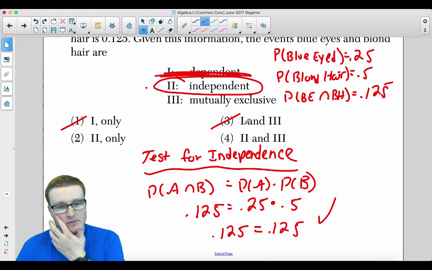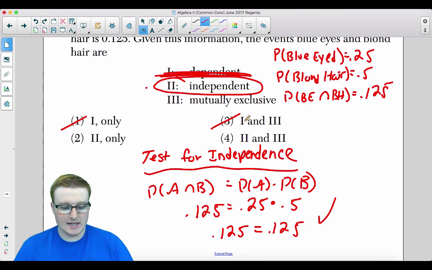So now it all comes down to, are they mutually exclusive?